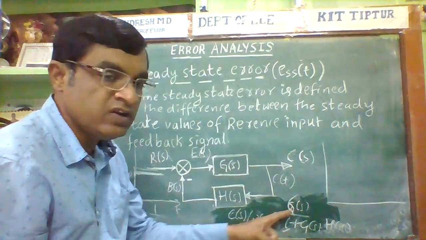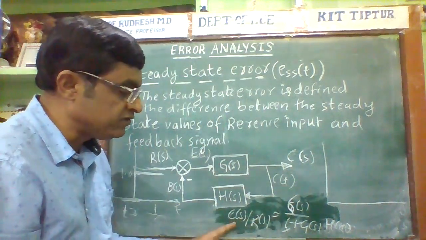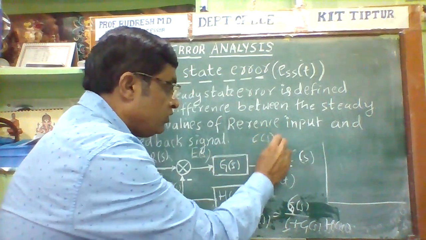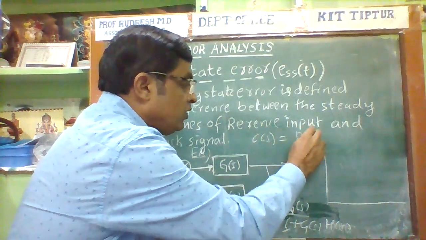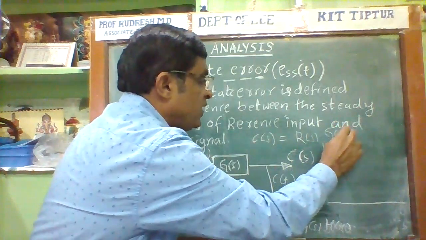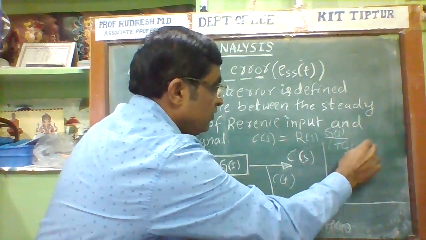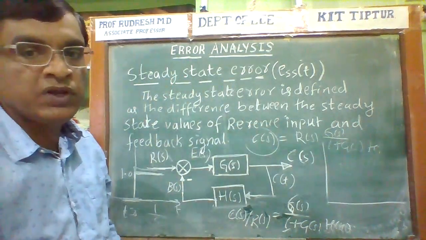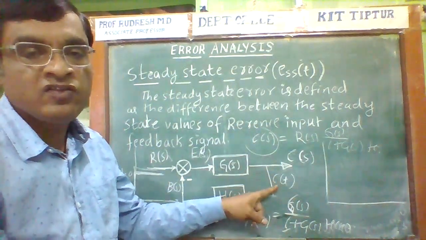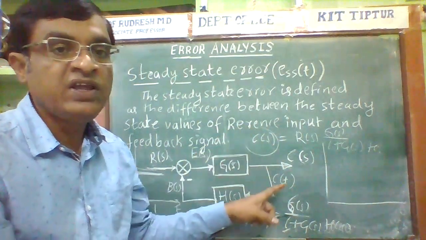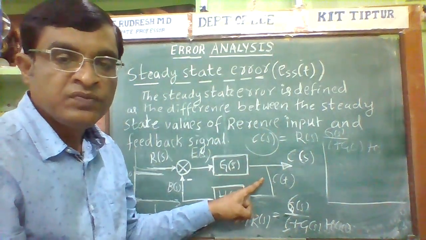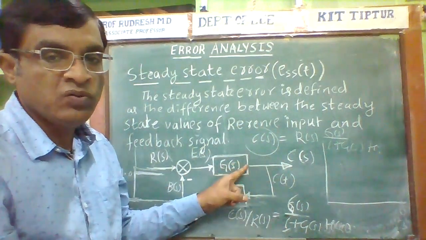Once we know this closed loop transfer function, the output C of s is equal to R of s into G of s divided by 1 plus G of s into H of s. If I take the inverse Laplace transform, then we will get C of t. C of t is the output of the closed loop system as a function of time.